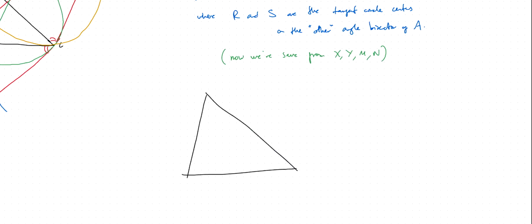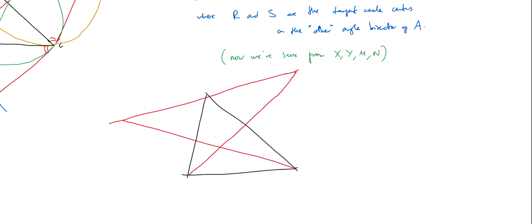There is this external bisector and these internal bisectors. This is I. RS. This is I. This is the external bisector. Okay. The problem is about the circle IRS. What do you think about this circle?